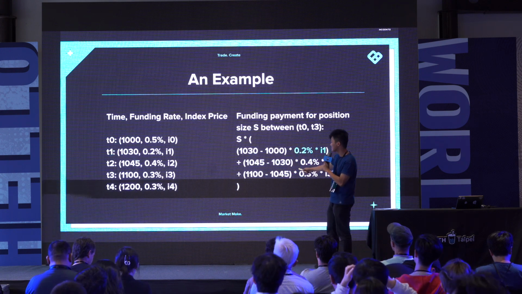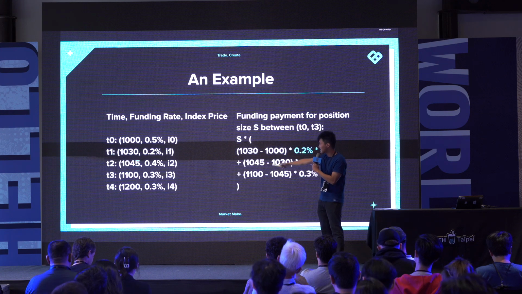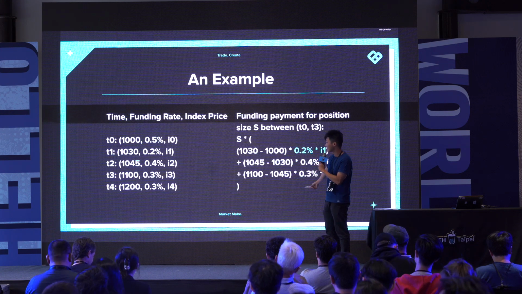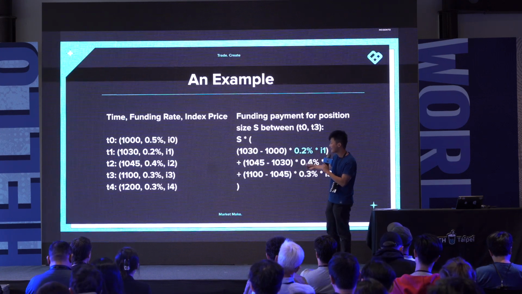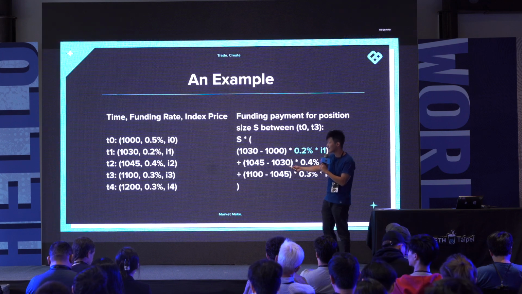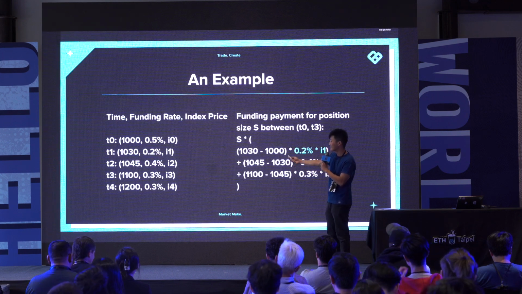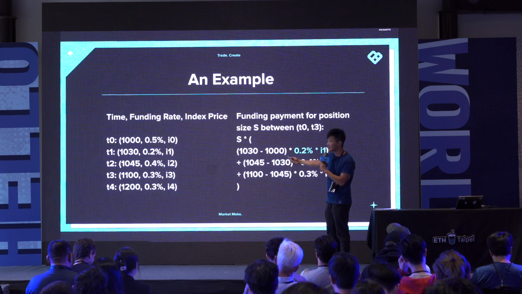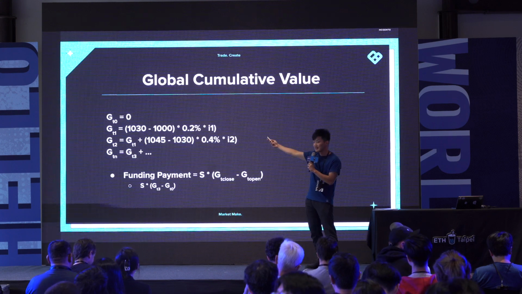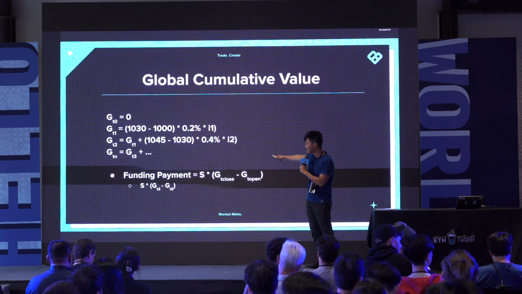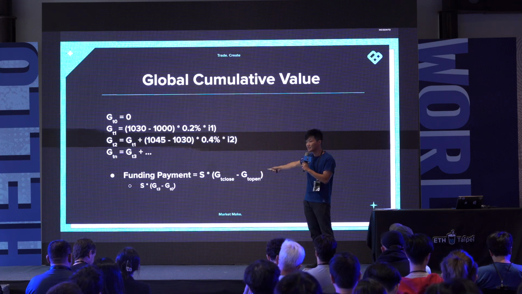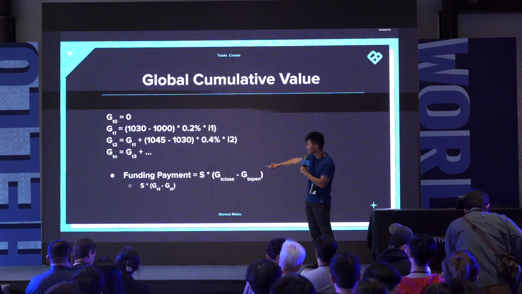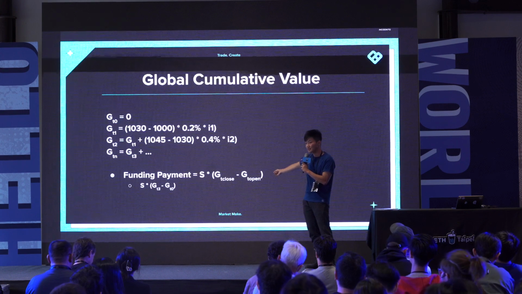We can also see that this is exactly the global cumulative value at time 3. The only reason we are lacking the global cumulative value at time 0 is because it's 0 in this case. So we can simplify the funding payment implementation into only a multiplication and a subtraction.